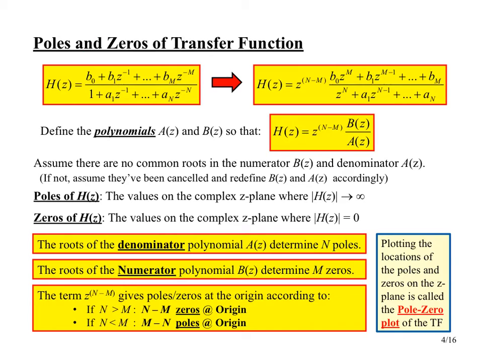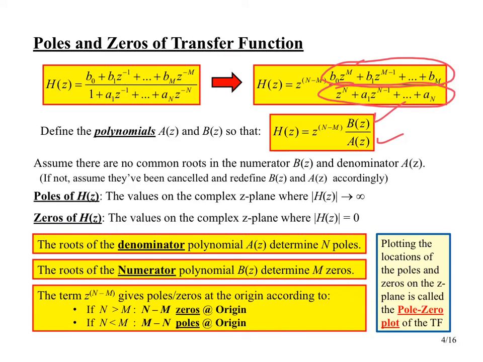And we'll see in a minute whether that n minus m is a positive integer or a negative integer, or 0, depending on the relationship between the integers n and m. But nonetheless, we end up with a true polynomial in z in the numerator and another true polynomial of z in the denominator, and we'll just call those b of z and a of z because of the symbols that we've used for the coefficients.